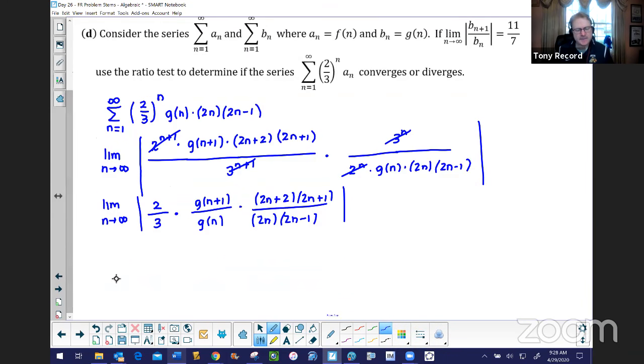If I think about each of these as being 3 separate limits separated by a multiplication, I won't write that out, but we'll talk about how we'll simplify those. The limit of the 2/3 is just the limit of a constant, which is a constant. Now, it's this next piece that's quite interesting.